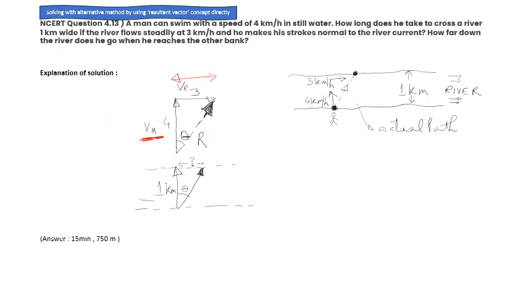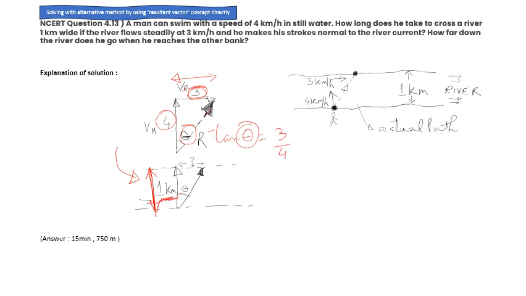This is simple: tan theta is given by 3 divided by 4, as simple as that. So tan theta will be 3 divided by 4. We already have this angle. Now let's look at another related diagram. We know that the width of the stream is 1 kilometer. The width of the river is 1 kilometer.